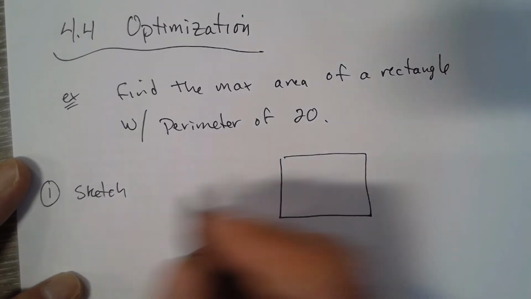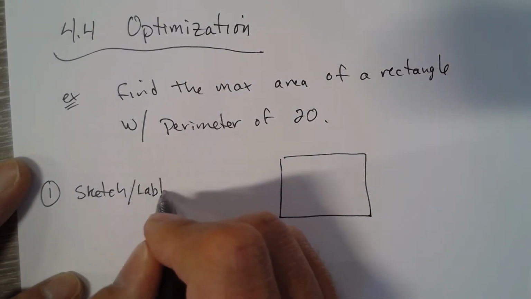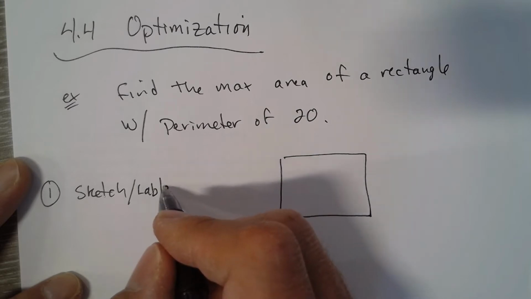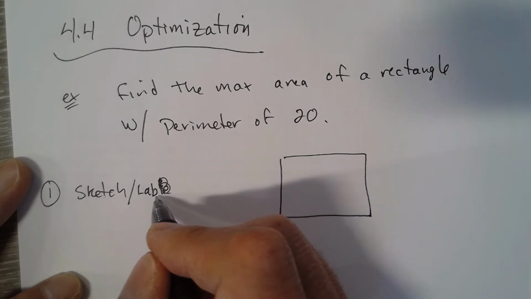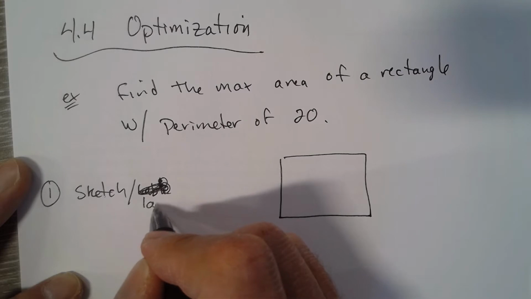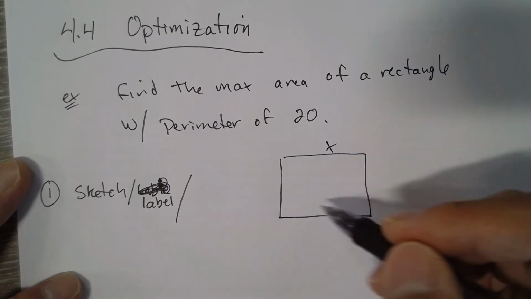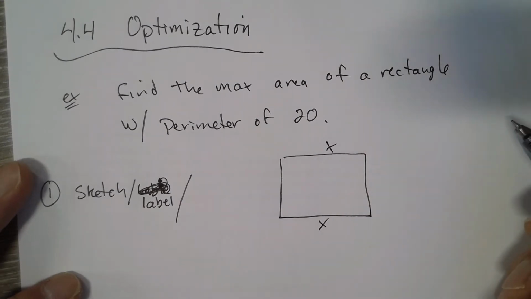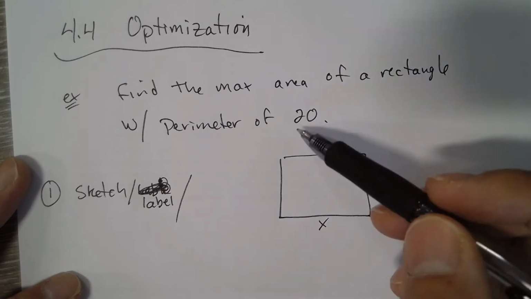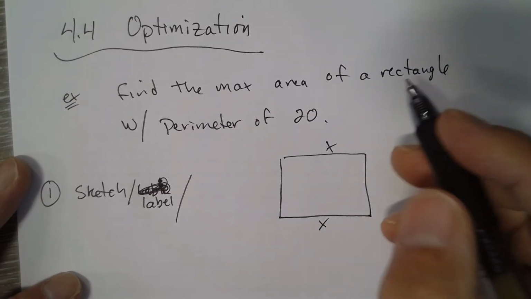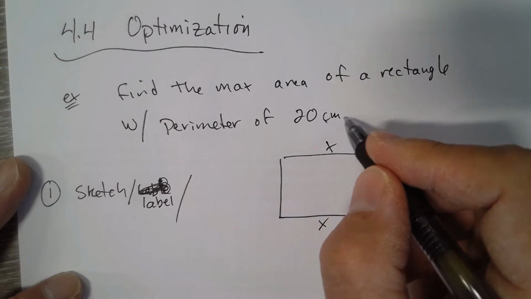We're going to label our variables. And we'll say x is one side. And then if it's a rectangle, then the opposite side would be the same. And then this side, well, we have 20 to work with, say 20 centimeters.